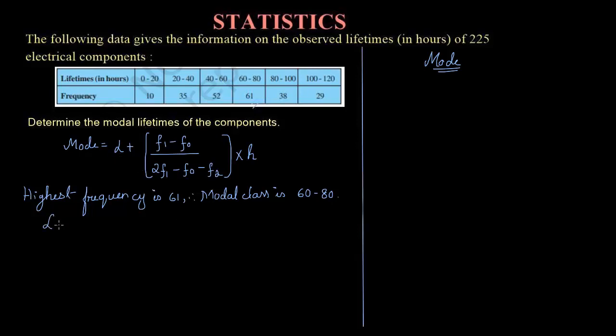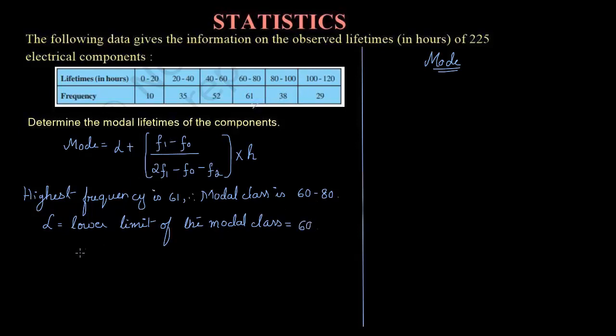After finding the modal class, we will come to the terms used here. What is L? L is the lower limit of the modal class. What is the lower limit of this modal class? We have the modal class, this is the lower limit, this is the higher limit. So let me write here 60 because it is the lower limit.